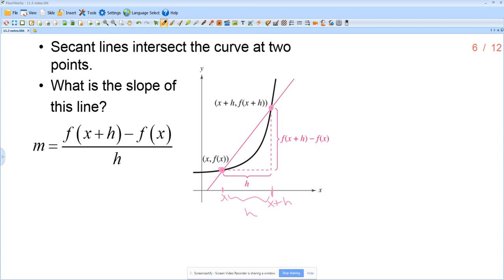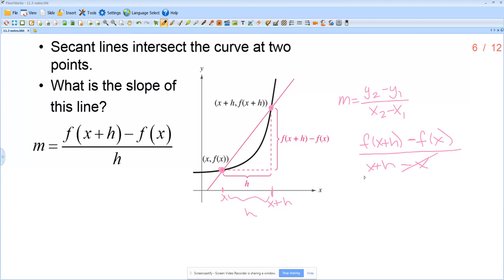If I wanted to use my slope formula, you remember that it is y2 minus y1 over x2 minus x1. So I would have f of x plus h minus f of x, over x plus h minus x.